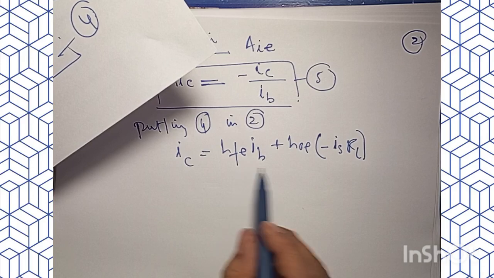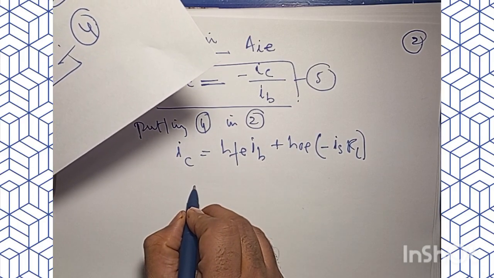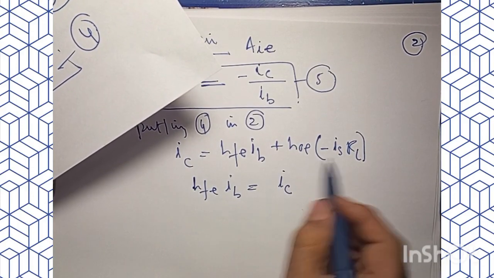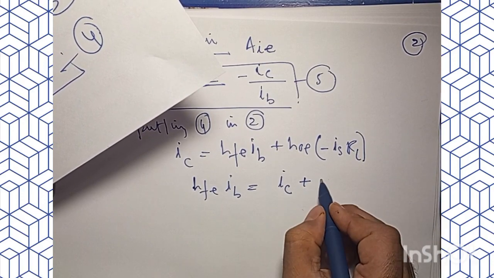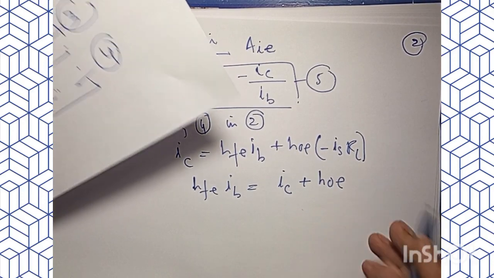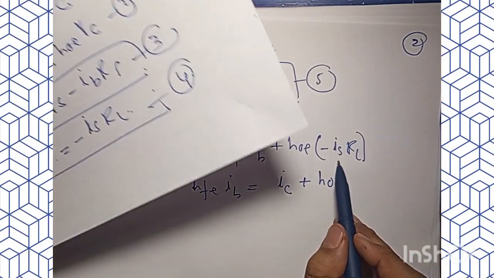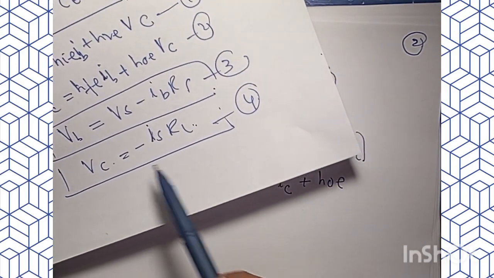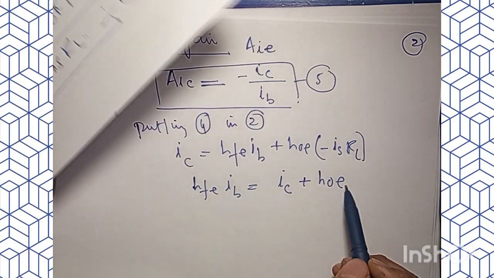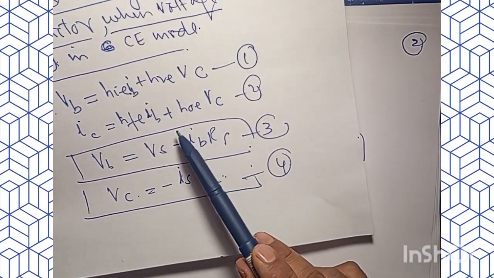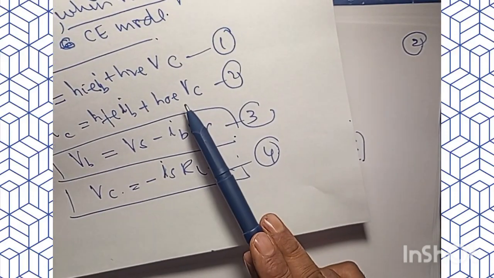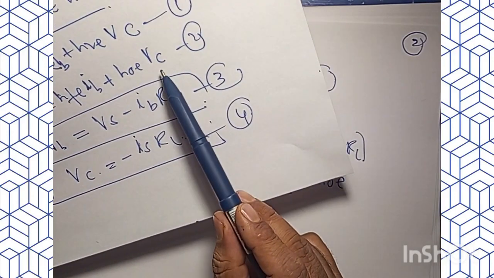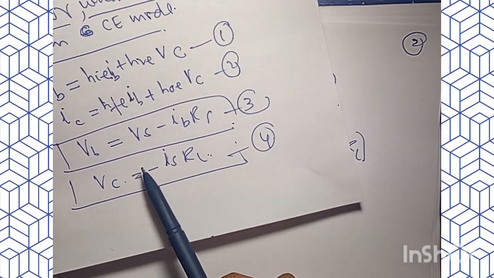From here, I can calculate IB. So HFE IB is IC, and if you transfer this, this is plus HOE, and instead of VC, we are making use of this ISRL.